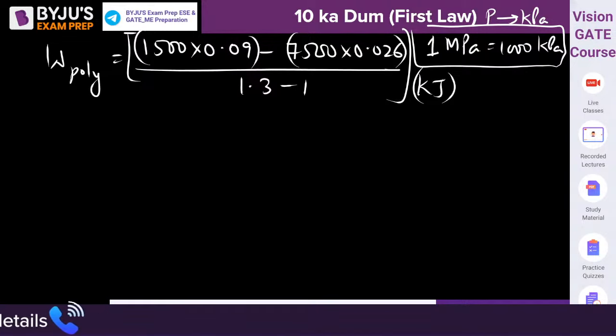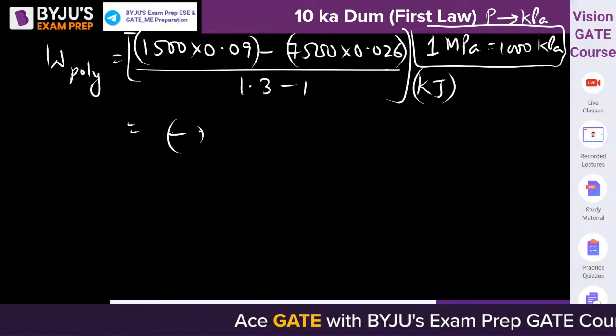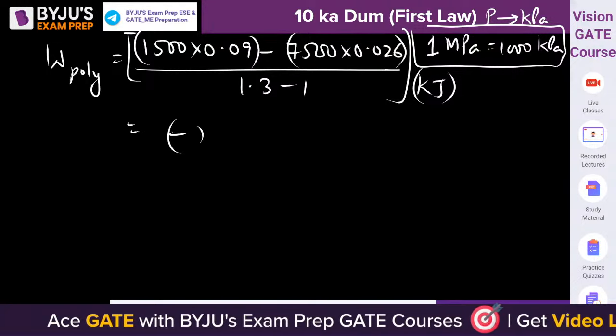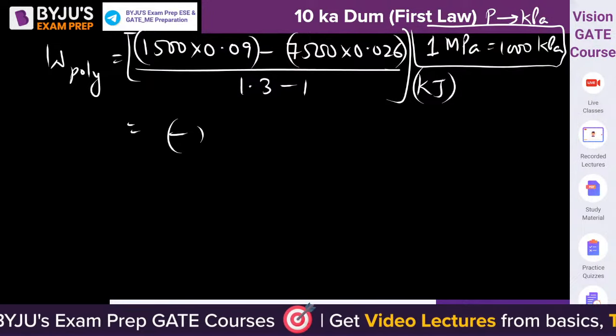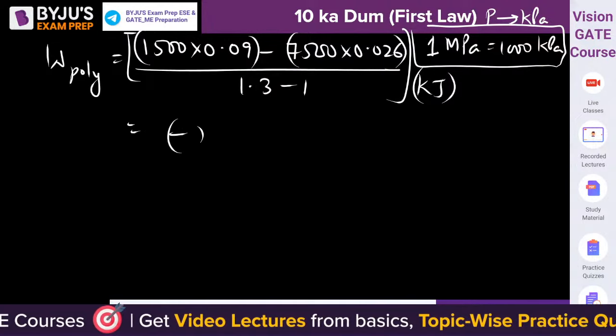If the pressure is in kilopascal and volume is in meter cube, then pressure into volume will become kilojoule. So that will give you the answer. It will definitely come out to be negative. 1500 into 0.09 minus 7500 into 0.026, divided by 1.3 minus 1, that is 0.3.